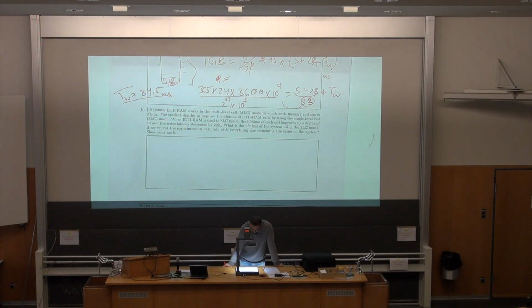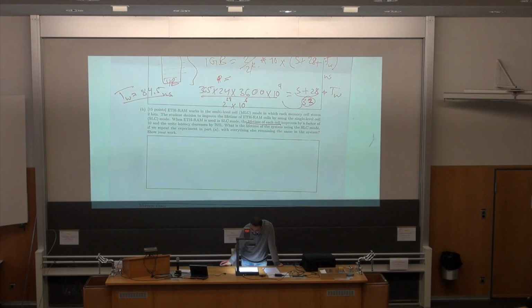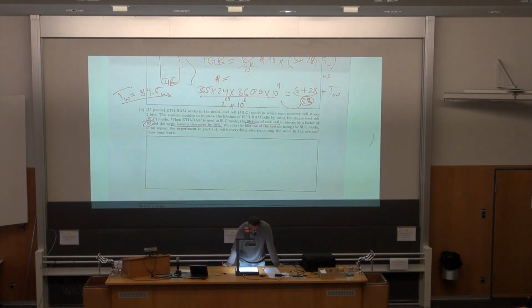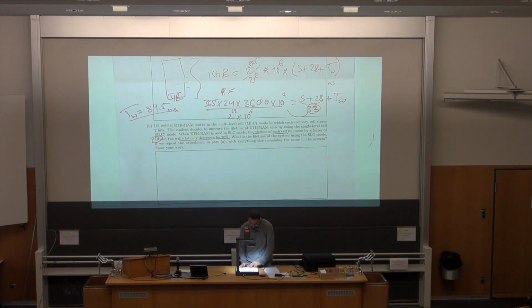And this affects the lifetime of each cell, and they improve it by 10x. However, this as well decreased the write latency by 70%. So now you need to calculate the same steps to get the new lifetime of this ETH RAM.